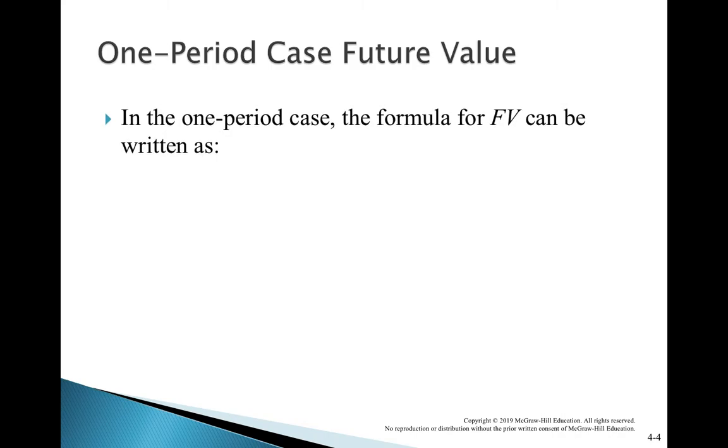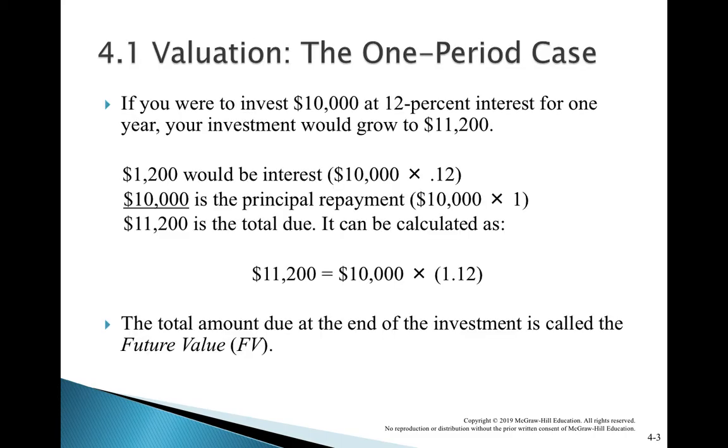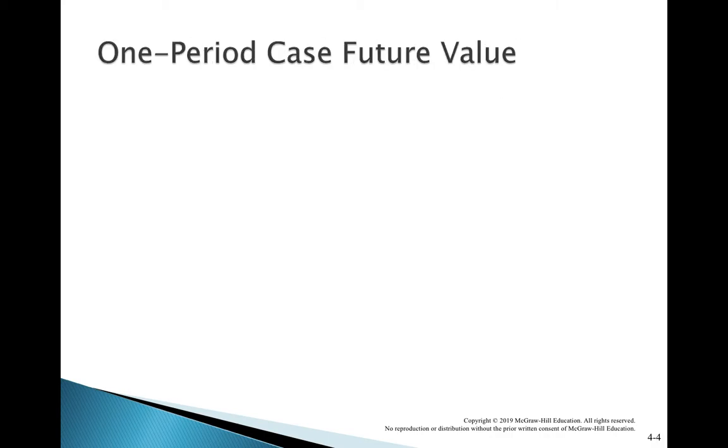In the one period case, the formula for future value can be written as follows. In the previous example, we calculated the interest separately: 10,000 multiplied by 12% is equal to 1200. We added it to the principal value or present value, and we got the future value. But we can do it through a formula.